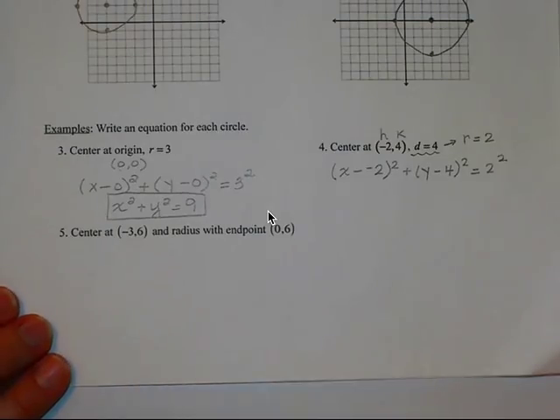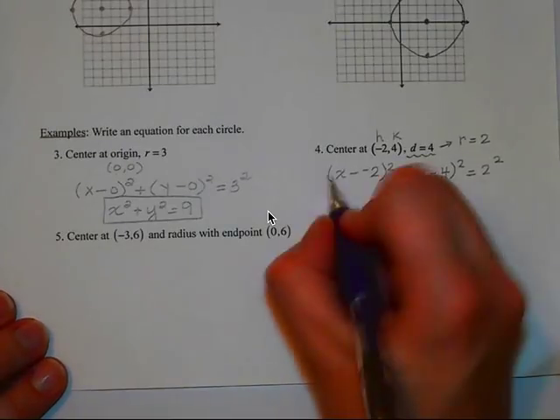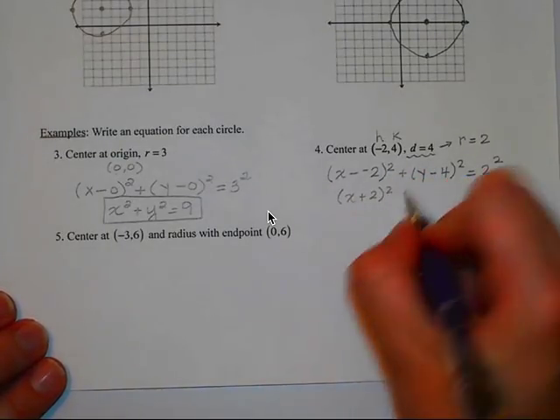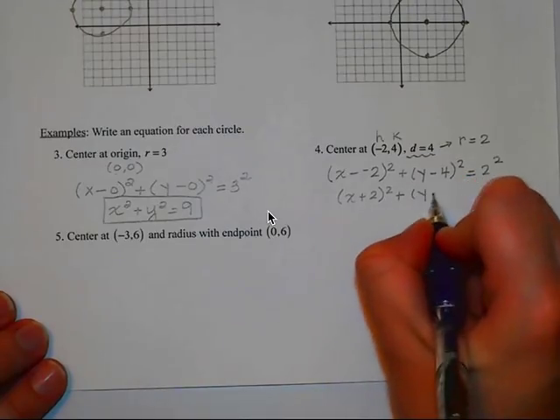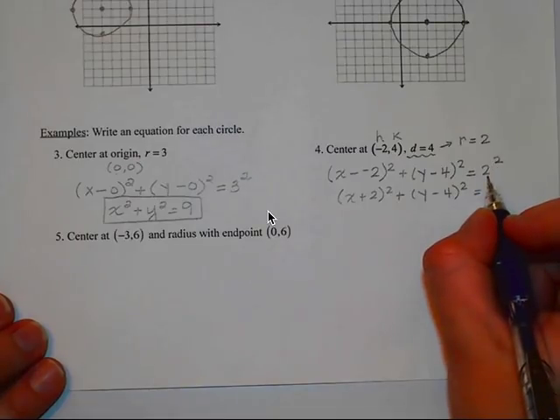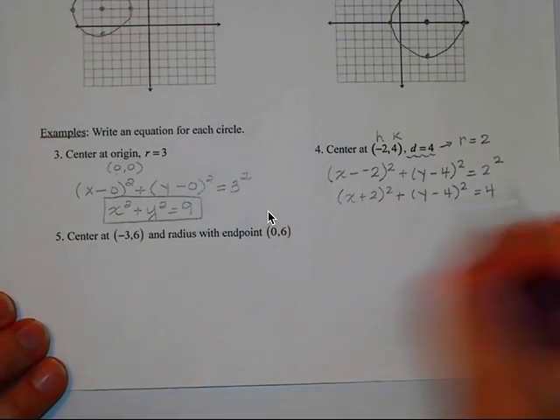Again, clean up the equation a little bit: minus negative becomes plus, so we have (x + 2) squared plus (y - 4) squared equals, on the right side of the equation, 2 squared, which is 4.